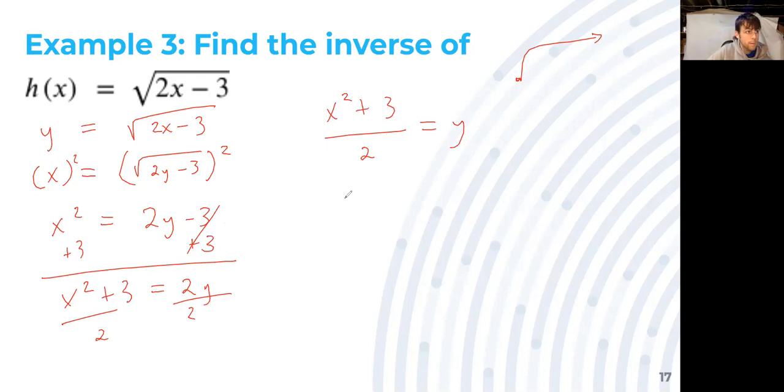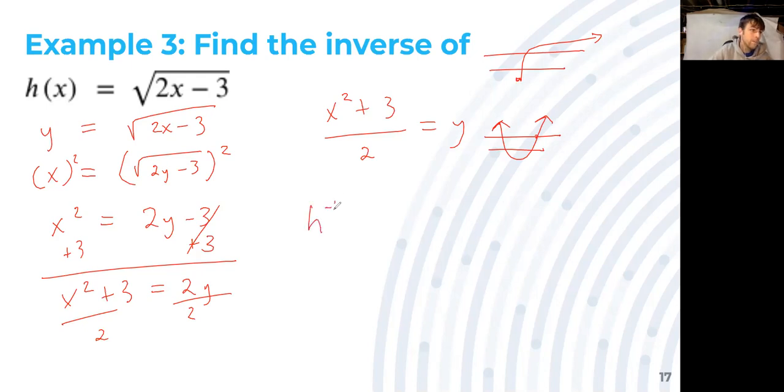Bit of a problem with this. This looks like a quadratic, right? This one here is a quadratic, so this is going to make a parabola. So even though this function was one-to-one, the inverse was not one-to-one when I solved for it. So this function right here all by itself is not a proper inverse.